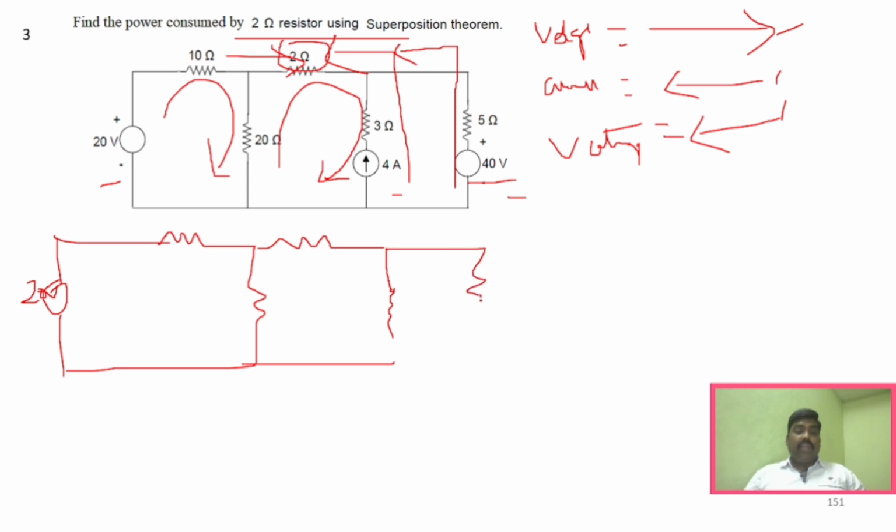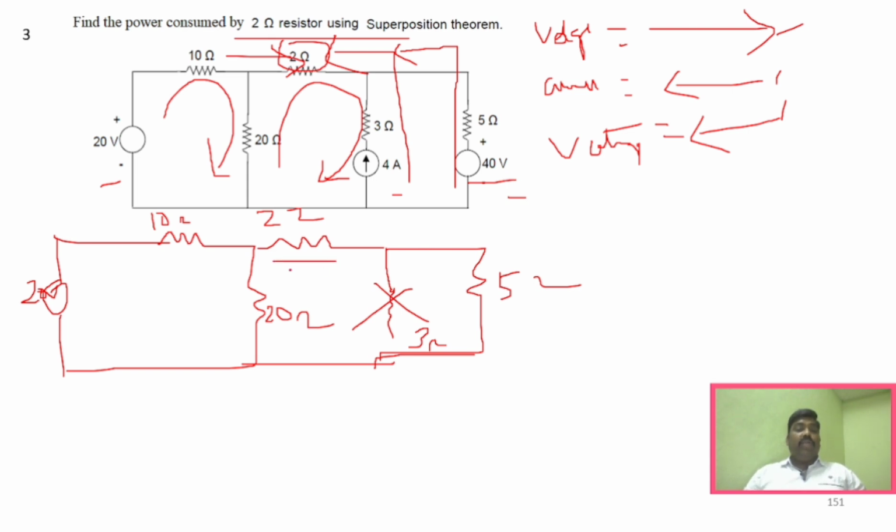And then you'll have 5 ohm here. We are short circuited here. Understand that here it is open circuit, so this 3 ohm resistor will become of no use. So we have the 10 ohm resistor, 2 ohm resistor, and 20 ohm resistor. We need to find the current across this particular circuit.